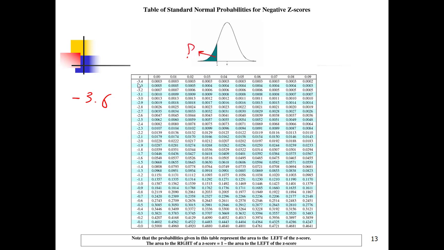You see the lowest value that we have in the z table is minus 3.4 plus 0.09, which gives you this much.